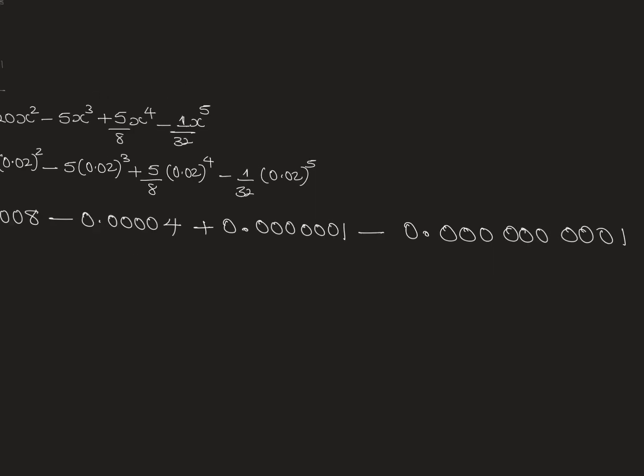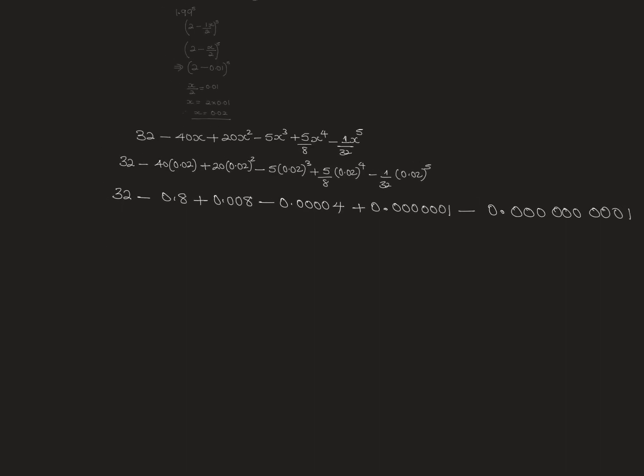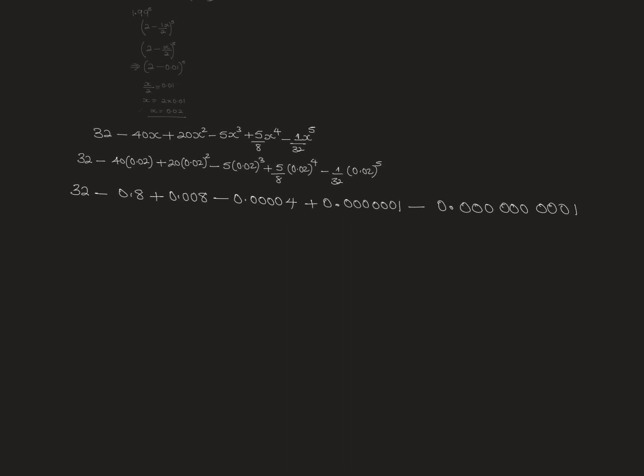All right, then what do we do? We just take the calculator and do the summation. So 32 minus 0.8 plus 0.008 minus 0.00004 plus 0.0000001 minus 0.000000001.